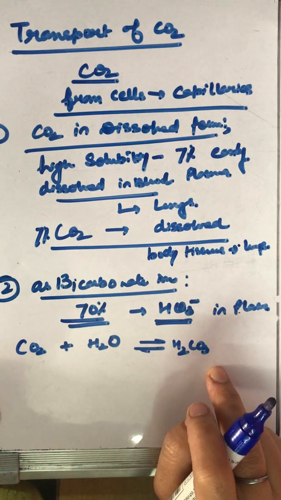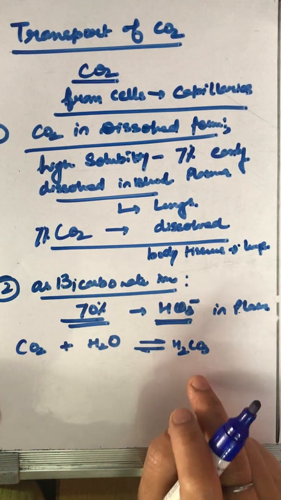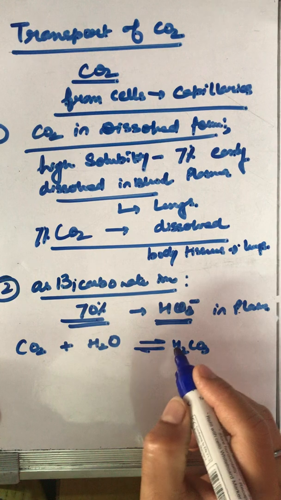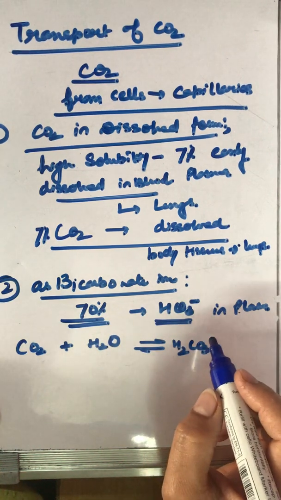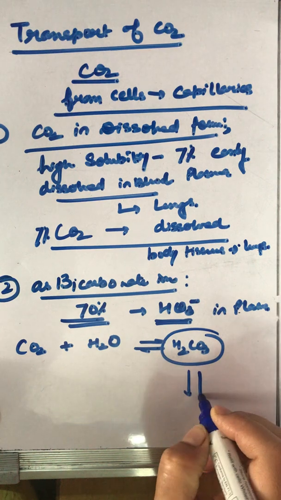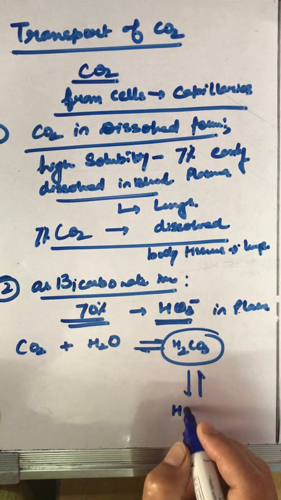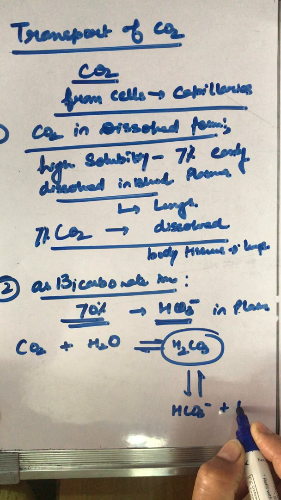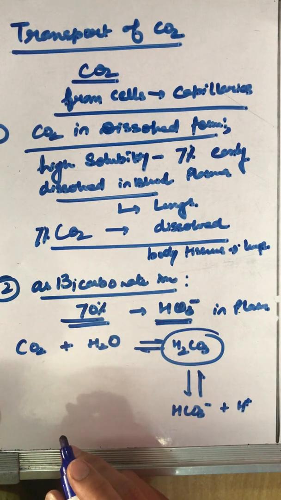But this is highly unstable and it cannot be transported in this form. So it quickly dissociates into bicarbonate ion as well as hydrogen ion.